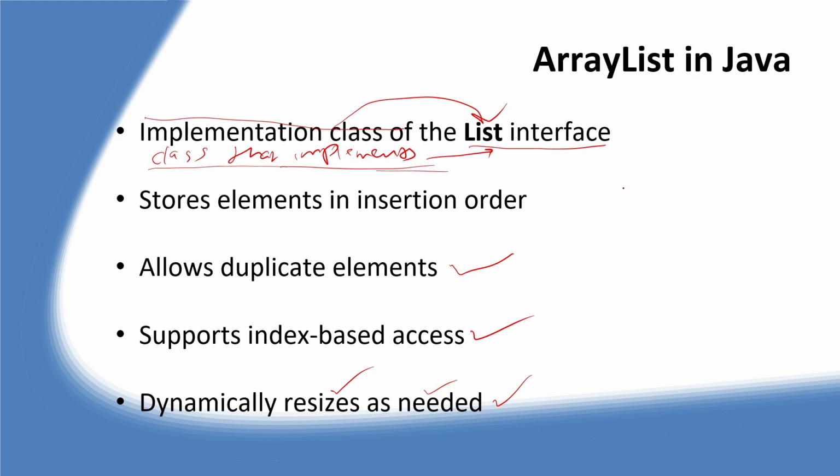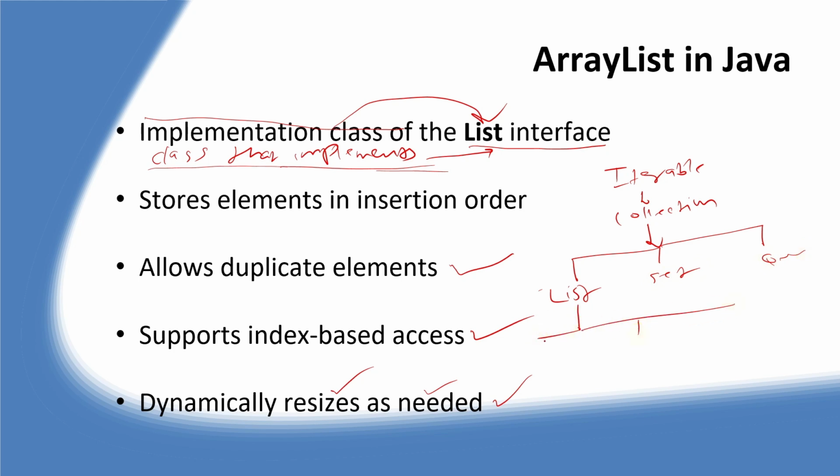So we are learning what ArrayList is. In the hierarchy, where does it belong? So Iterable is the parent interface, then Collection interface, correct? Then under Collection, we again have three sub interfaces. What are those? List, Set, and Queue. In the List interface, we have implementation classes.